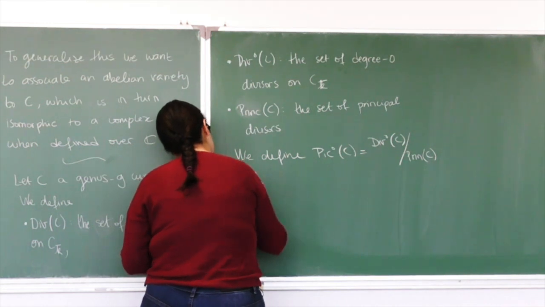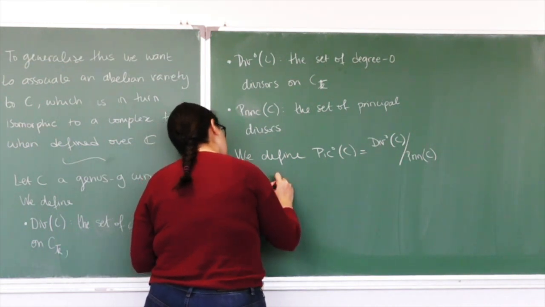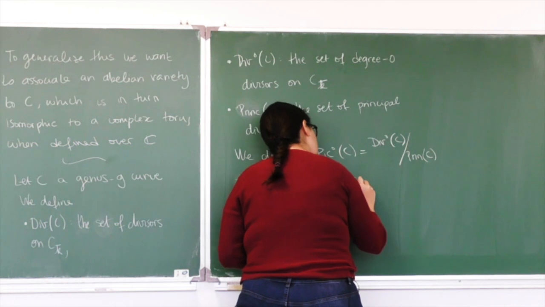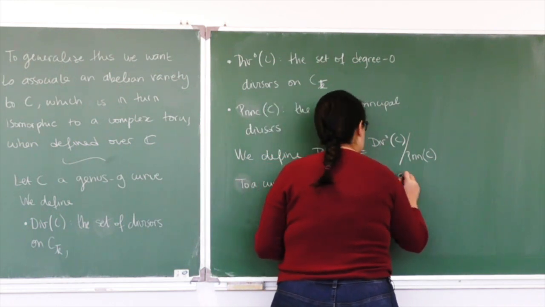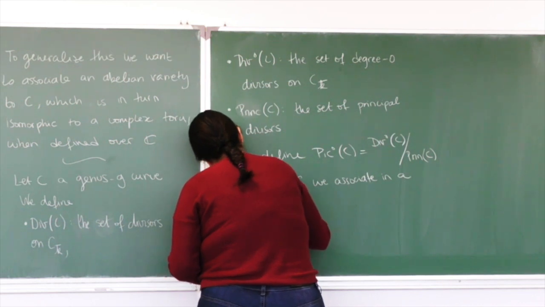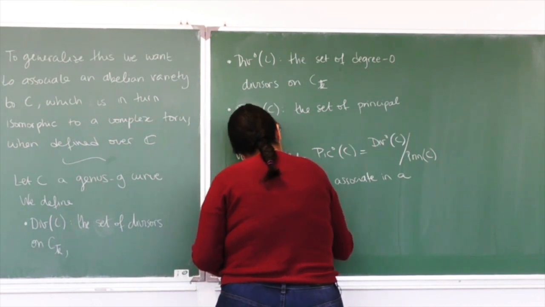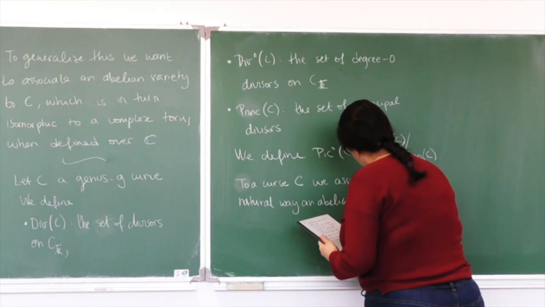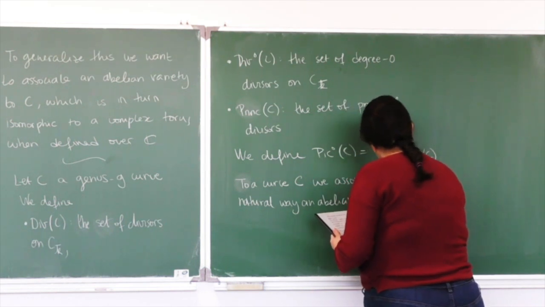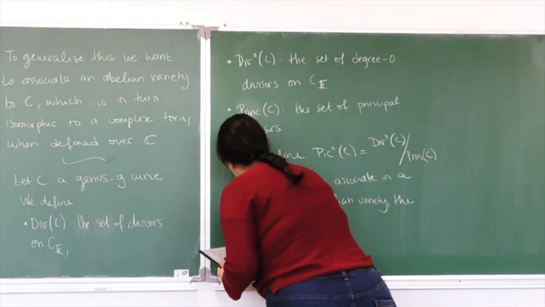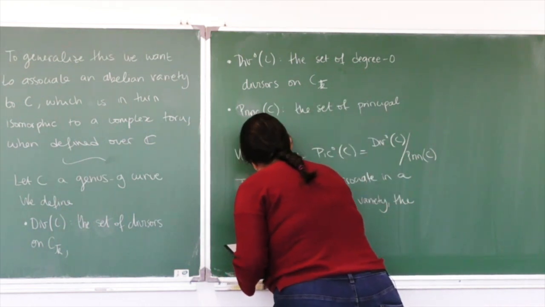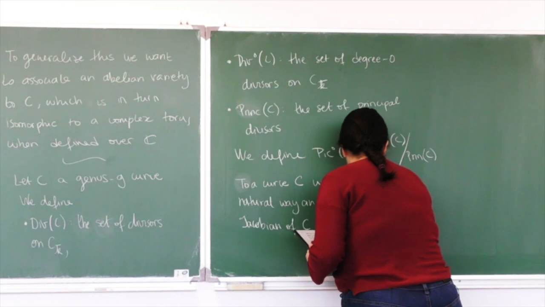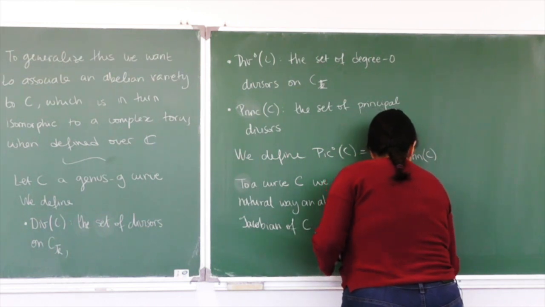To a curve C, we associate in a natural way an abelian variety that we call the Jacobian of C, and denote as Jac(C).